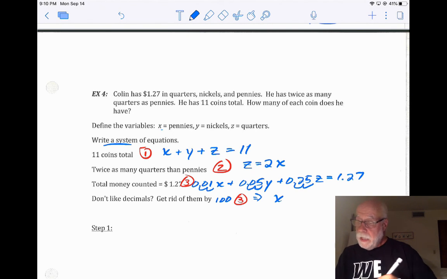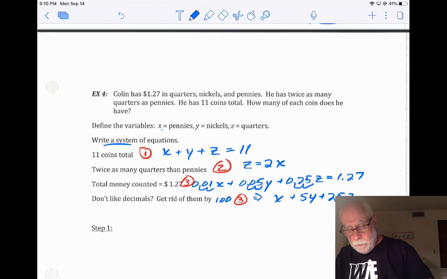So I'll get x plus 5y plus 25z is equal to 127.